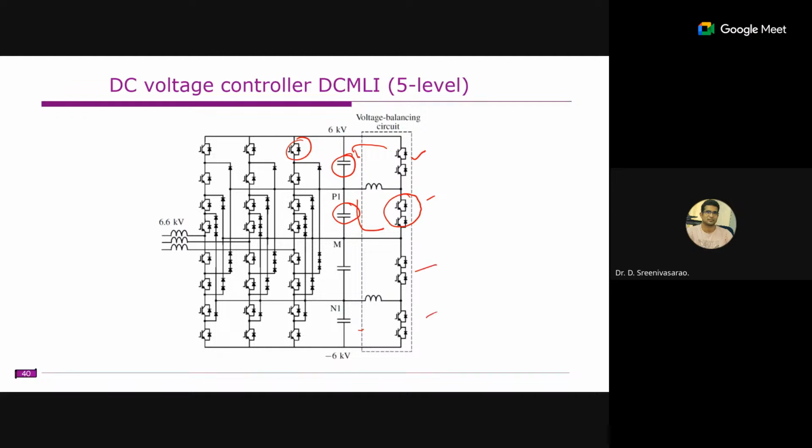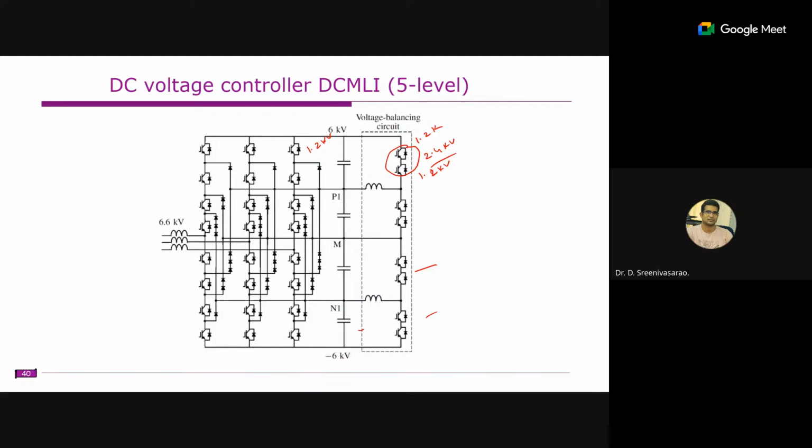Similarly, here also two switches in series. It is just a single switch, we are just representing it as two. So we need to consider double the capacity. Let us say if we select a 1.2 kV device, this entire thing is supposed to be a 2.4 kV device, or else two 1.2 kV devices.